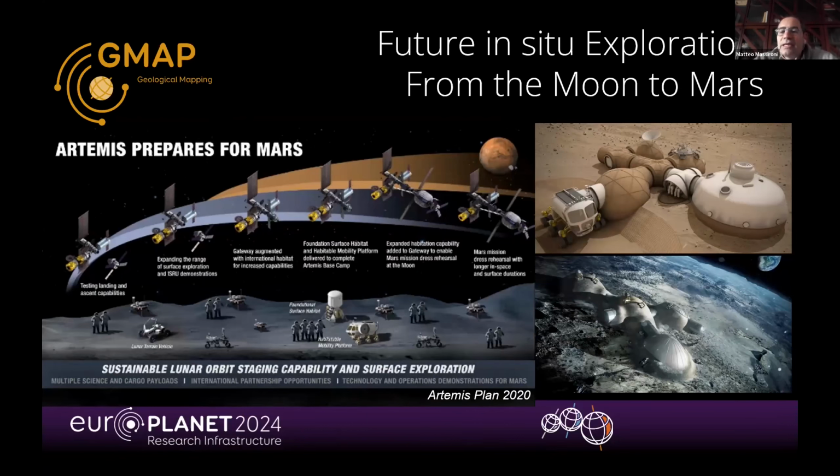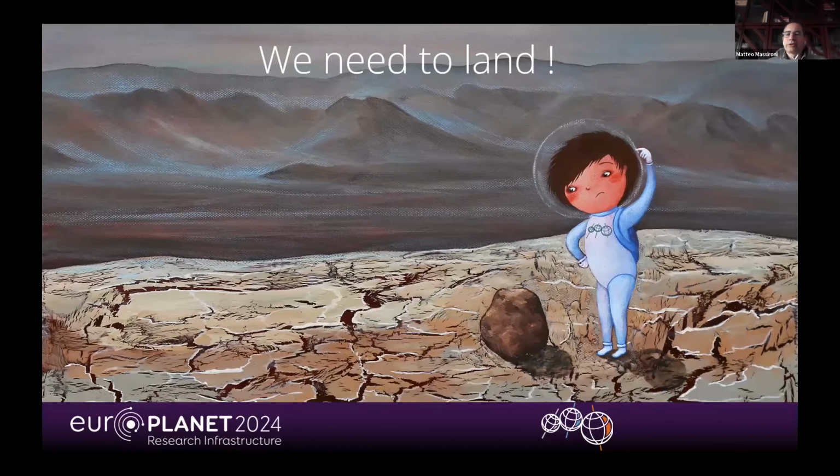At the moment, in any case, we have many missions planned, and several missions planned for sample return from Mars. And again, we need robots to go there, a rover to go there and take samples and bring the samples to the Earth again. So for all these kinds of missions, it's very important, as I said, to know the geology and how to land.